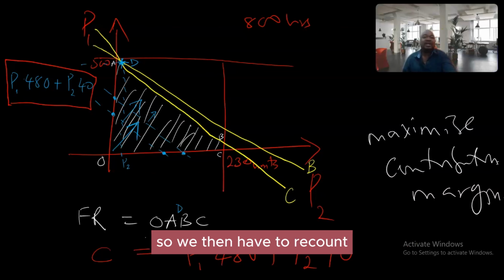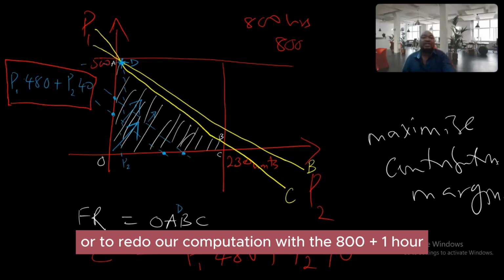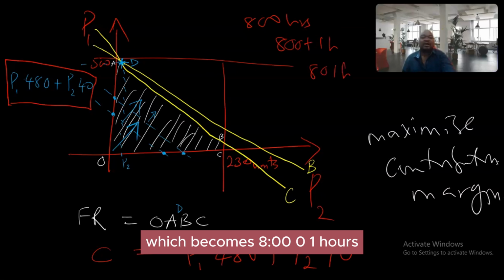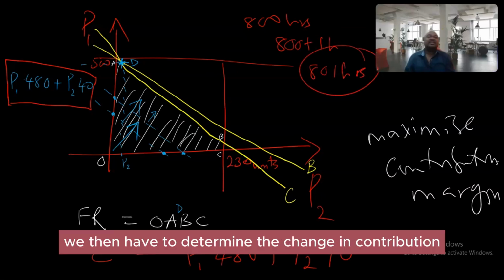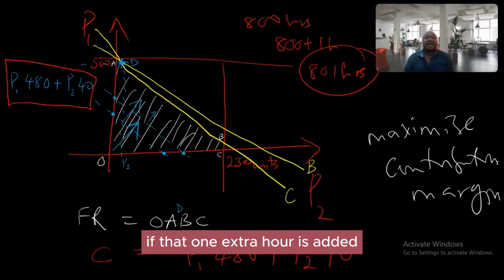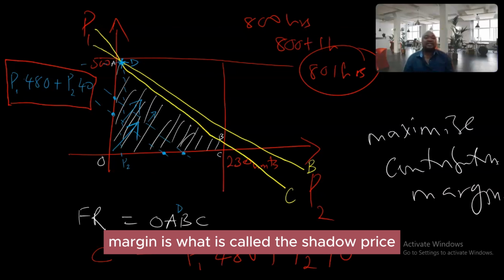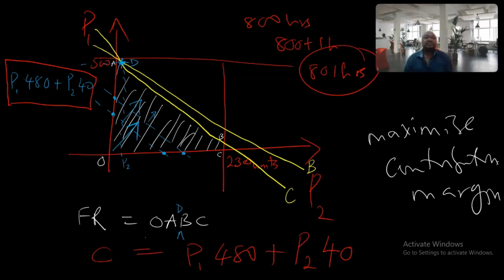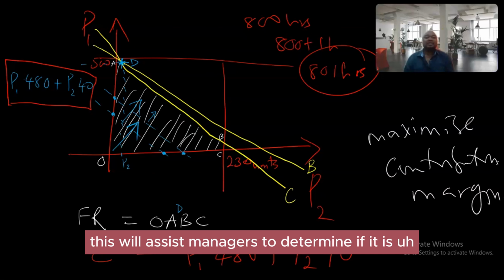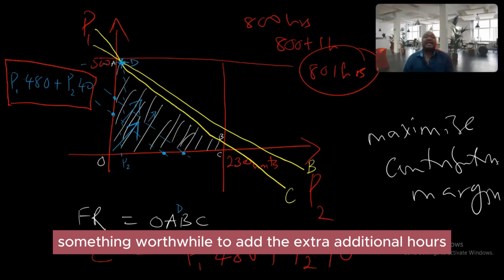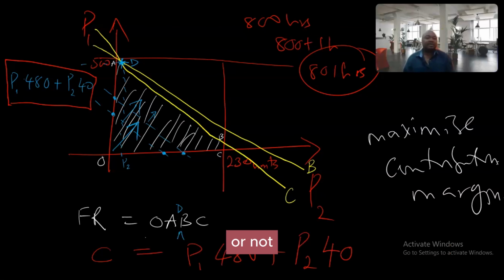So we have to redo our computation with the 800 plus 1 hour, which becomes 801 hours, and determine the change in contribution if that 1 extra hour is added. That additional contribution margin is what is called the shadow price. This will assist managers to determine if it is worthwhile to add the additional hours or not.